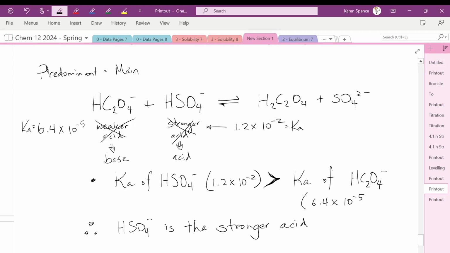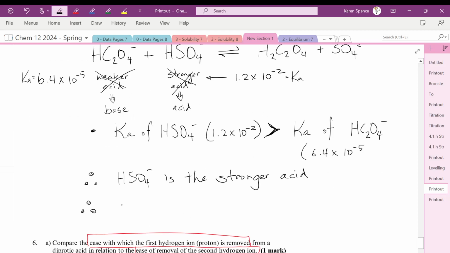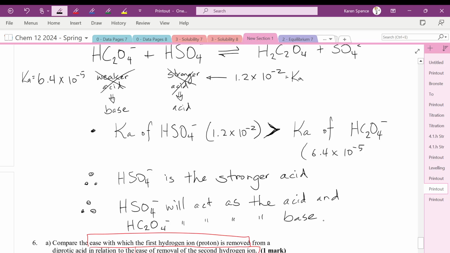And therefore, HSO4 minus will act as the acid and HC2O4 minus will act as the base. Yes? That's it.